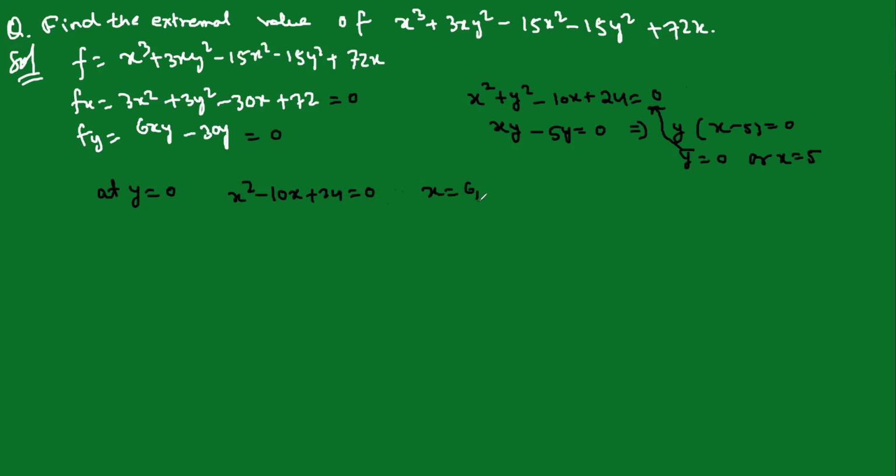And the other is 4. So from here you got two stationary points: (6, 0) and (4, 0). Isn't it right? Now at x equal to 5, also check for this point.